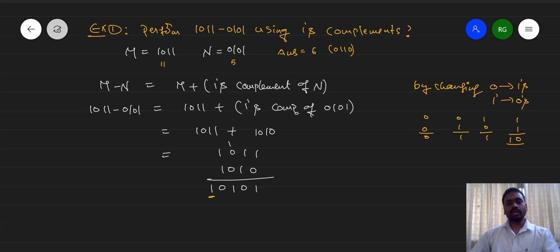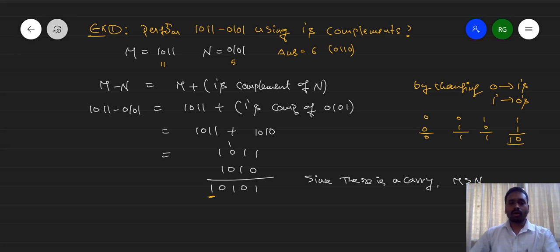So when do we obtain a carry? We have to specify the reason behind why the carry is occurring. Since there is a carry, my m is greater than n. If we have a carry, the meaning is that m is greater than n.